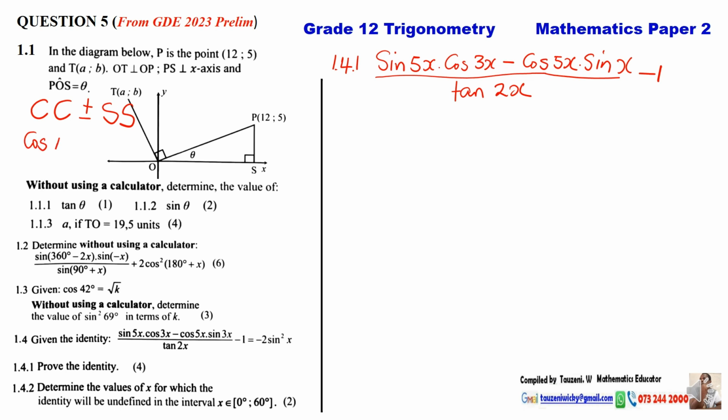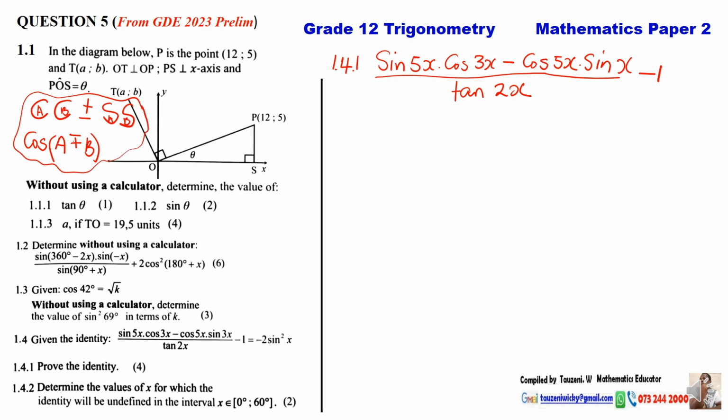So this is cos A plus or minus B. What I need to do now is to check and see that the angles are the same. So if the first one is cos A, the next one must be cos B. The first one is sine A, the next one must be sine B. Then I can see that this one here is the compound angle for cos.